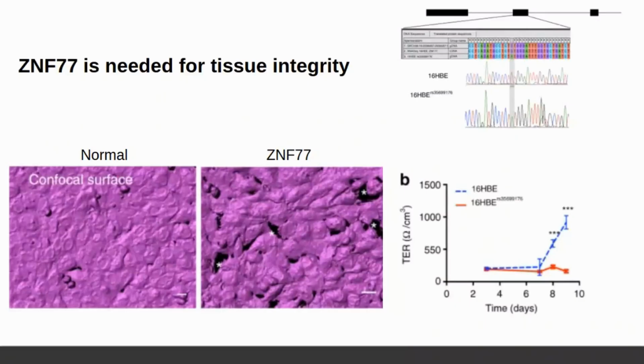When we looked at this variant we found, this ZNF77 variant, it's the next panel there in the middle of the screen. You can see there's lots of holes in it. And on the graph, again, to the right there, you can see it's incredibly leaky. The blue line shows the leakiness. So this is a really badly formed epithelial barrier layer.